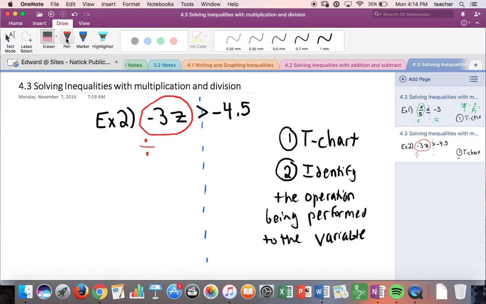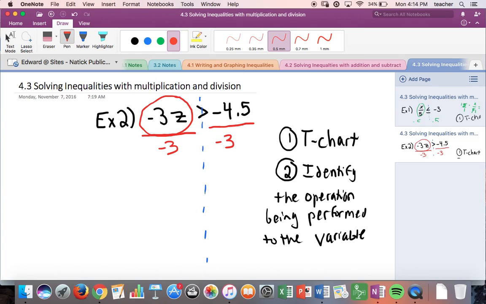Once I divide the left side by -3, I also need to divide the right side by -3. I'm going to write this division as a fraction: -3z divided by -3, and on the right side -4.5 divided by -3.